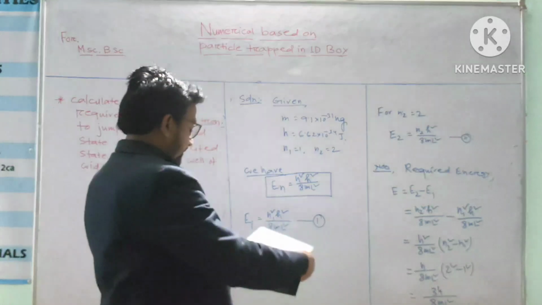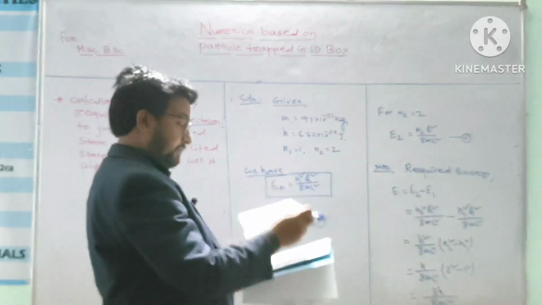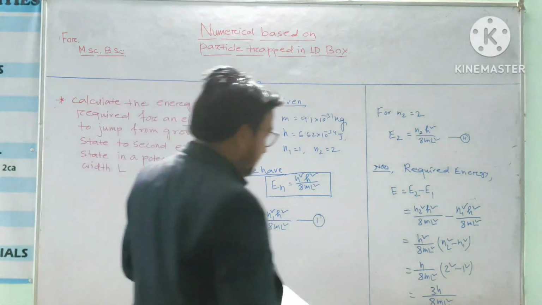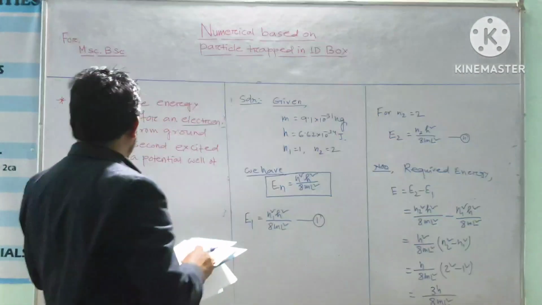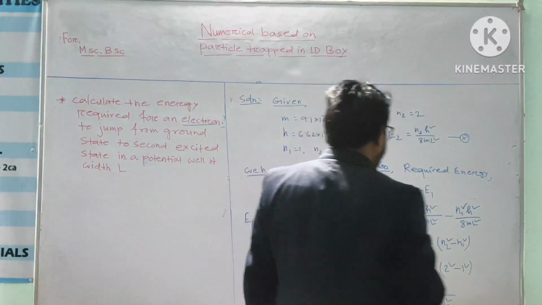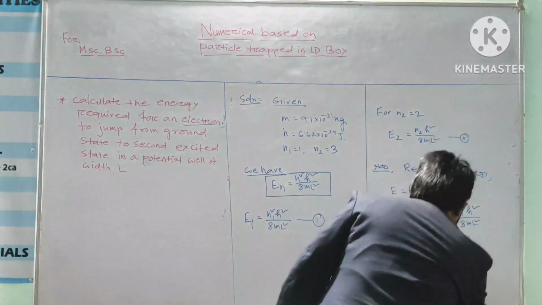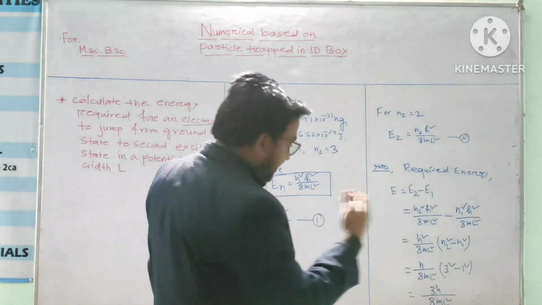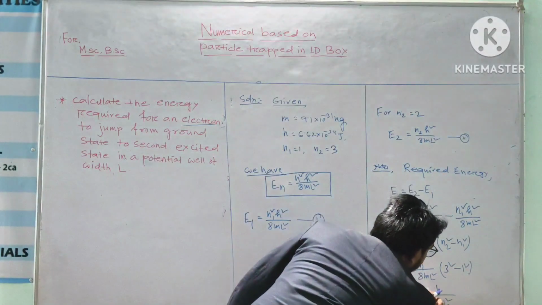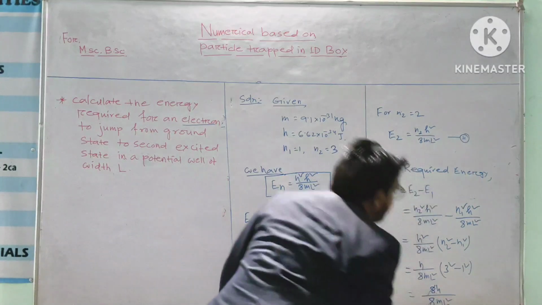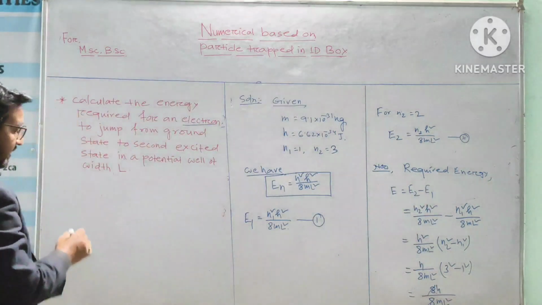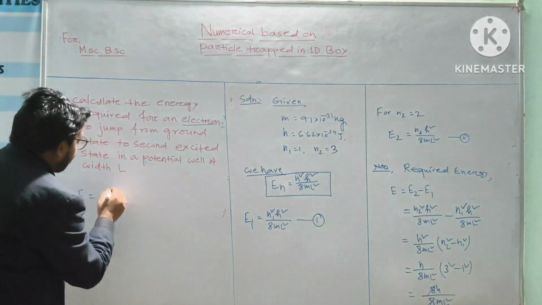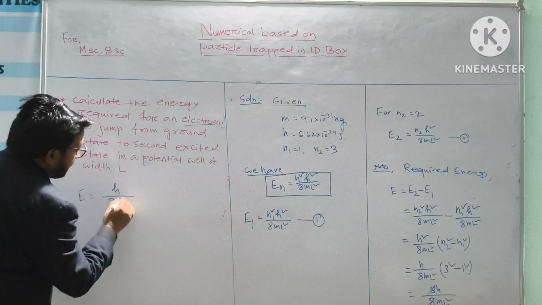For the second excited state, we just change the value of n2, so this is 3, and 3 square means 9, and 9 minus 1 equals 8. We can write 8, and 8 and 8 cancel each other. Finally we can write the energy required E equals h square divided by 8m L square.